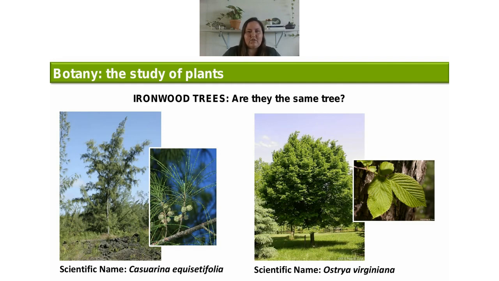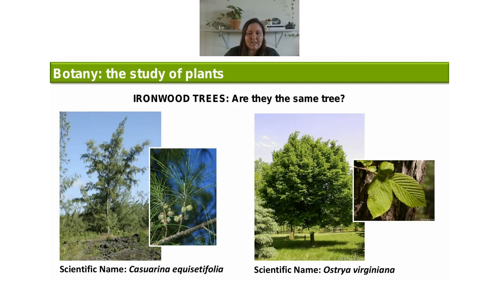Let's take a look at these 2 trees. Do they look the same? I think they look pretty different, but both of them share the same common name, ironwood. The same common names are often used in different areas for different plants, and some plants even have many different common names.